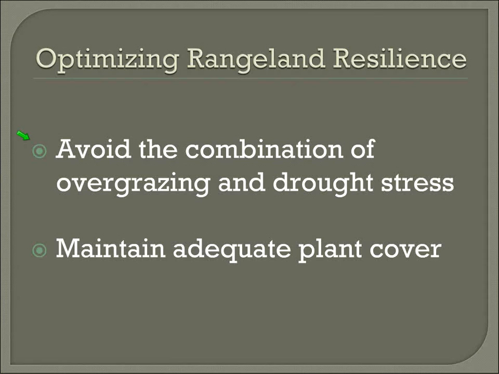The first is to avoid the combination of overgrazing and drought stress. It's the combination of those 2 stresses that reduce the vigor and the relative composition of desirable or preferred plant species. And the second issue is a hydrological issue, and that is that we need to maintain adequate plant cover.